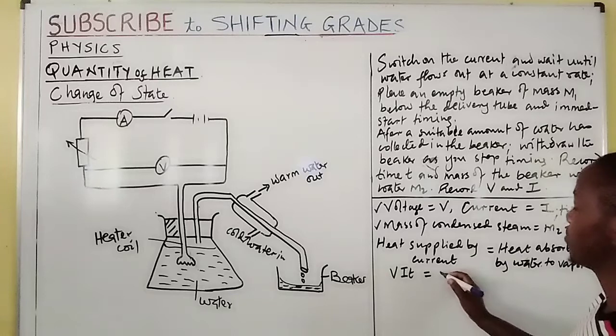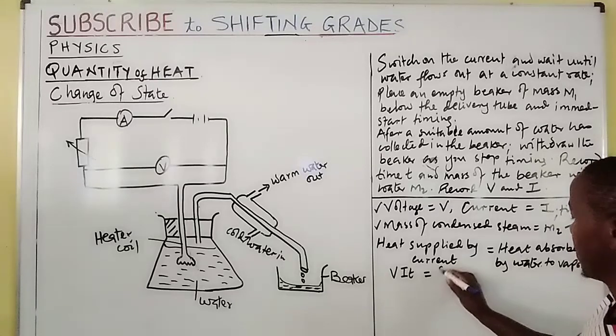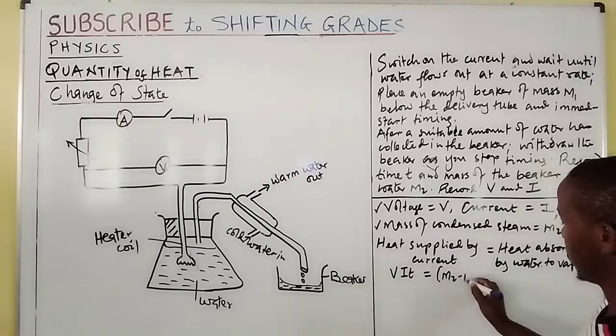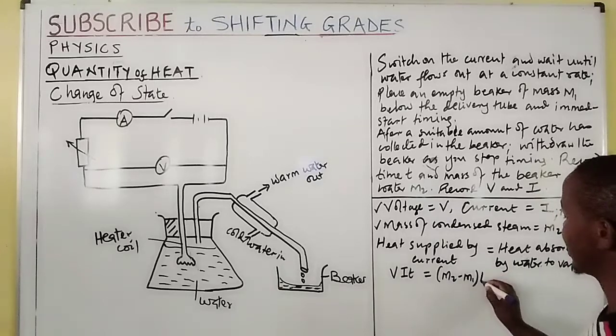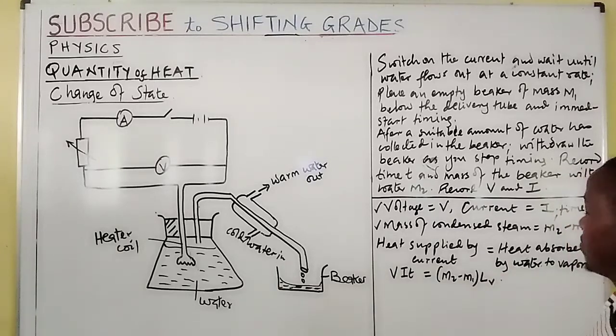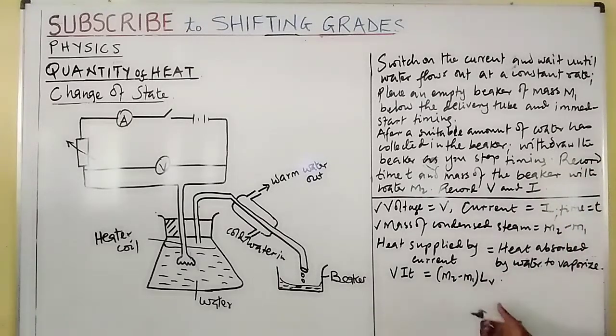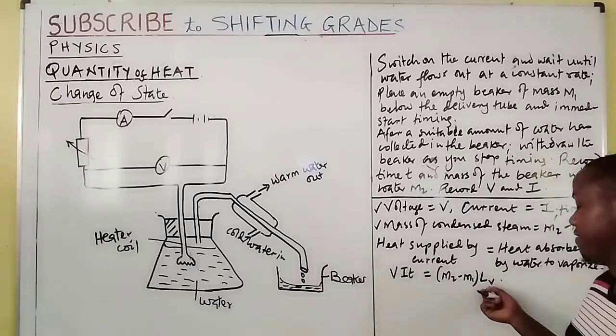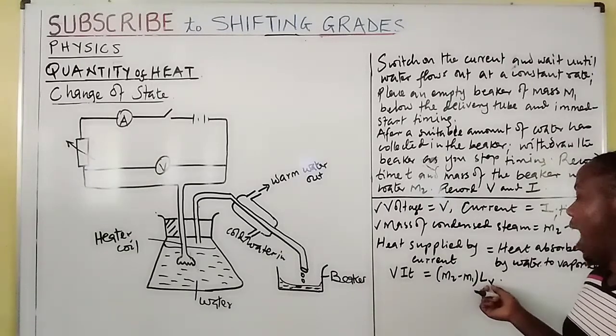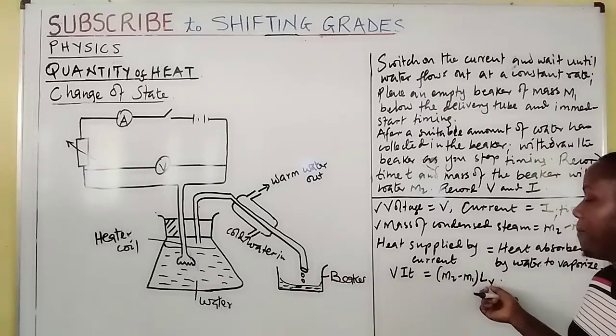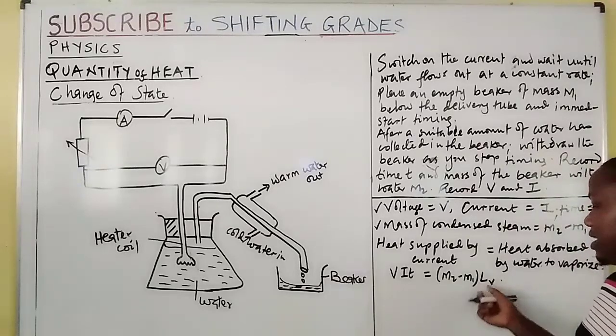Then the heat absorbed at that point will be mass times the latent heat of vaporization. The heat which a mass of liquid absorbs so that it becomes a gas happens at a constant temperature.